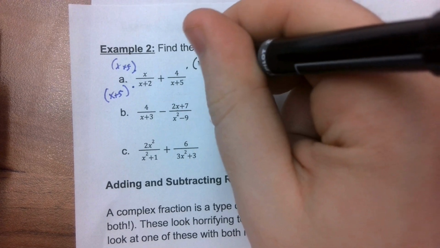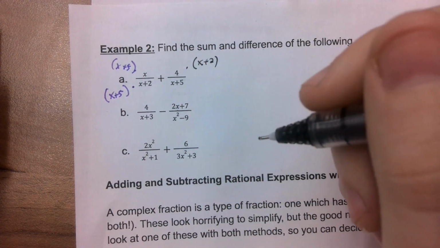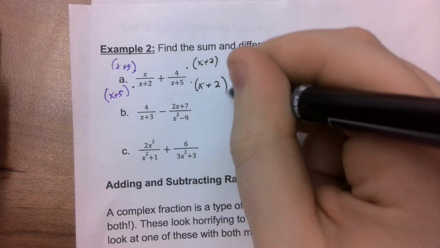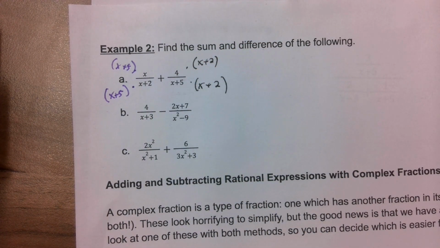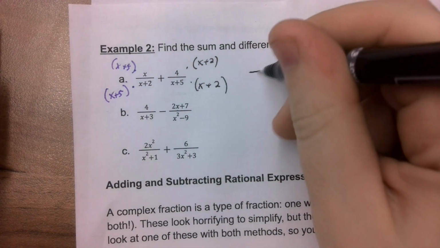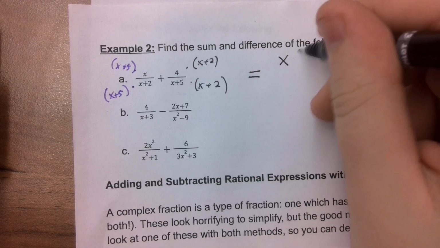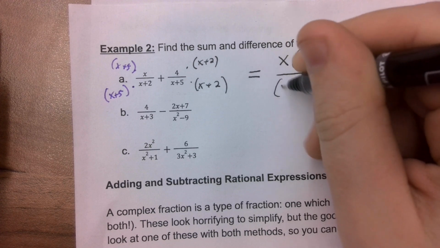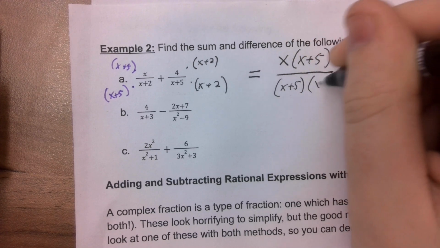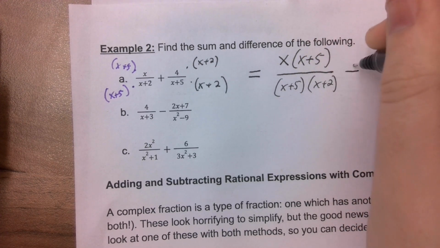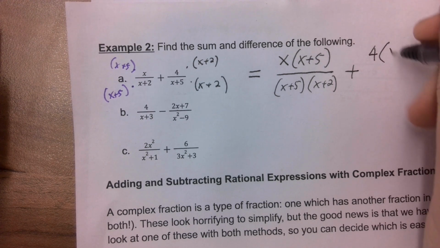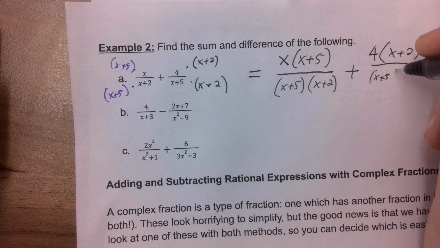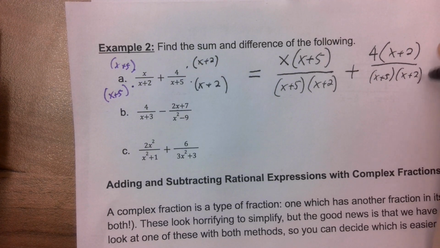So let's multiply by x plus 2 over here, and let's also multiply by x plus 2 right over here. When all is said and done, we end up with x times x plus 5 over x plus 5 times x plus 2, plus 4 times x plus 2 over x plus 5 times x plus 2.